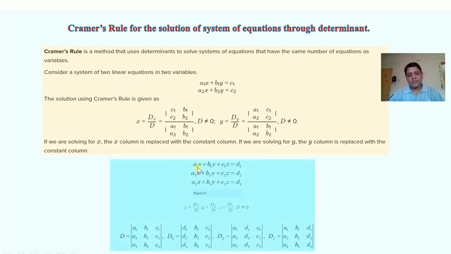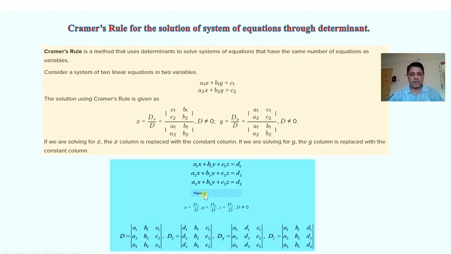So in case of 3 by 3, a1x plus b1y plus c1z is equal to d1, a2x plus b2y plus c2z is equal to d2, a3x plus b3y plus c3z is equal to d3. Now the value of x, as I told you, x will be dx upon d, y will be dy upon d, and z will be dz upon d.